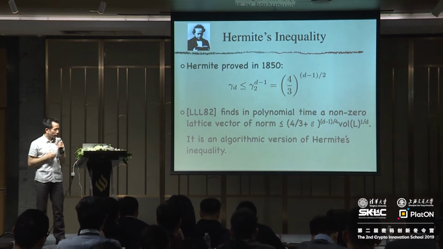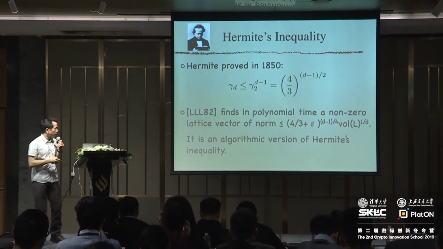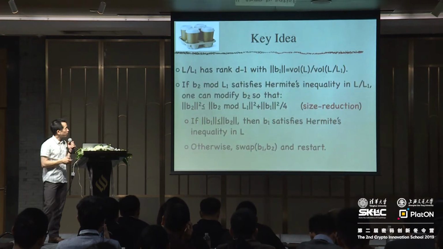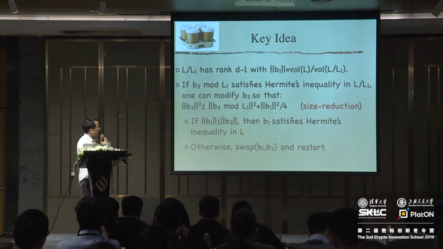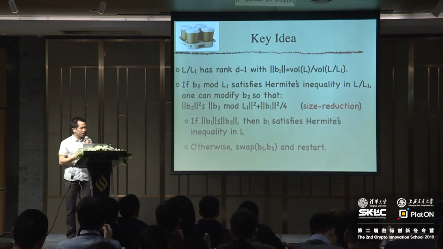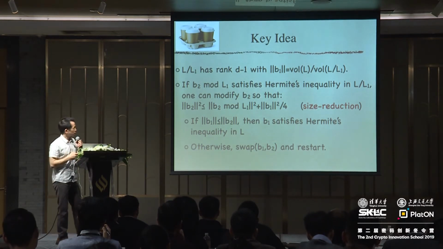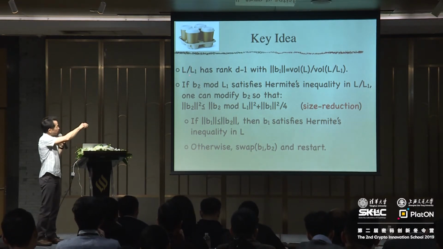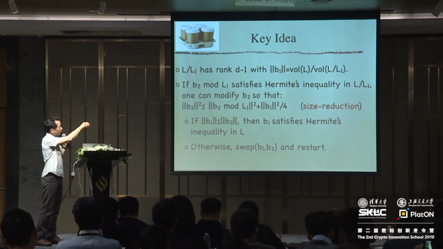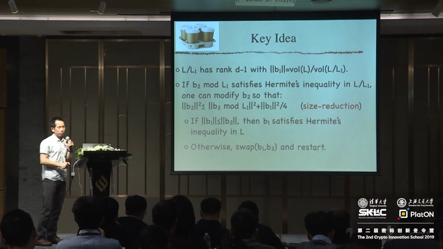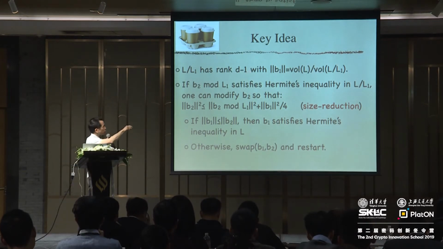So what does it have to do with the filtration I described before? This is the key idea. I said that once you have a basis, you can always take a quotient. Divide L by L_1, where L_1 is the lattice spanned by b_1. Now you get a (d-1)-rank lattice.